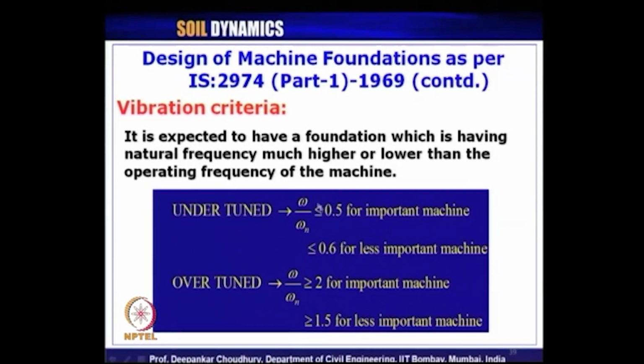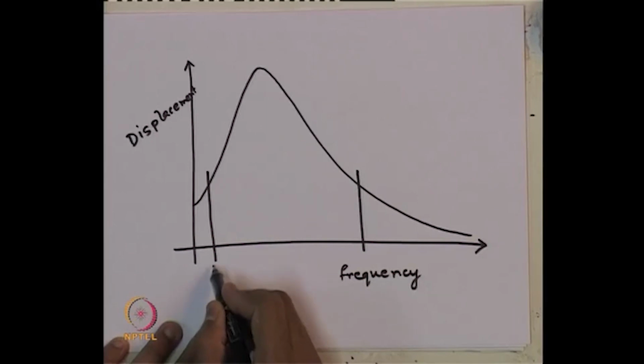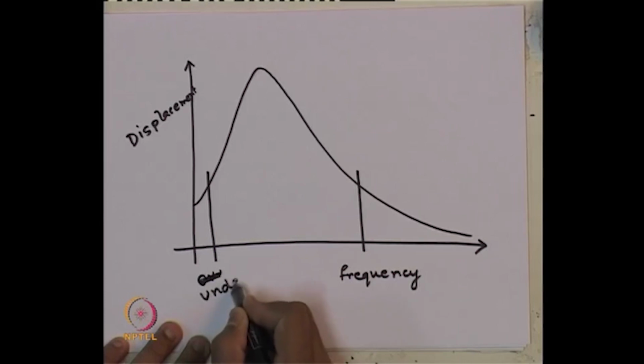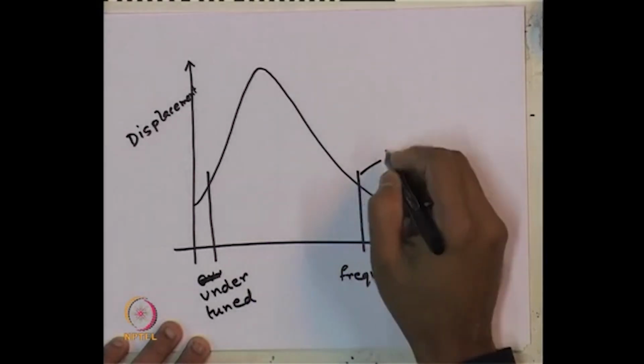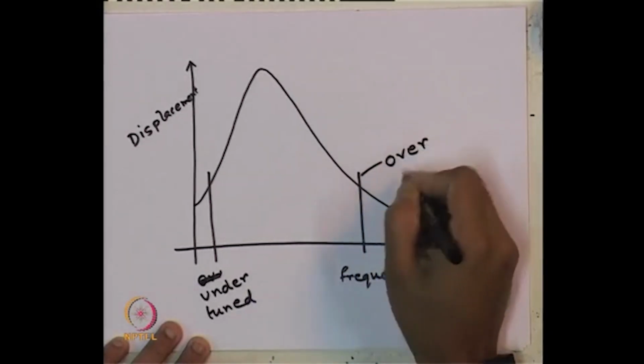In that case, the natural frequency of the system is much higher than the operating frequency. So, in the picture I have drawn here, this case is called undertuned, that is, when we put our operating frequency much lower than the natural frequency, and the other case is called overtuned.